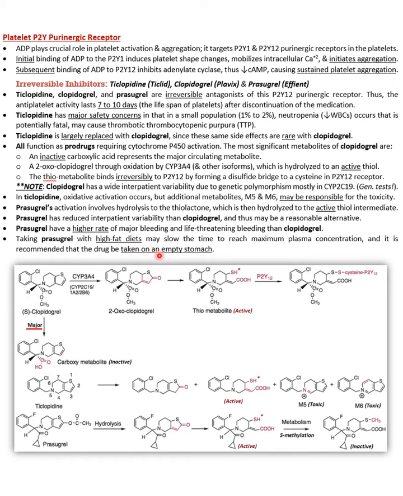The previous example was for the cilostazol, in which this drug, if taken with high-fat meals, would improve the bioavailability, while in the case of the prasugrel, the opposite occurs. So if you take it with high-fat diets, there will be a slowing in the time it takes to reach the maximum plasma concentration, so it's recommended to be taken on an empty stomach. Okay.